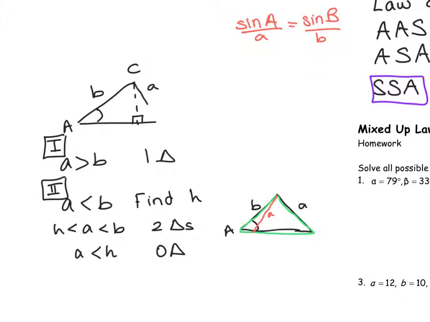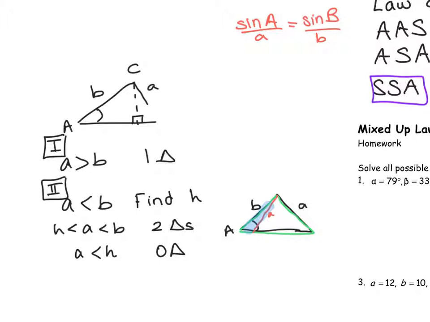So in this case, you have two triangles, this triangle over here and the green one. Now, the nice thing about the obtuse triangle is that this angle over here and this angle over here are supplementary. So if I know this angle, I do 180 minus that angle to find the obtuse angle. This way it will be easier to solve this triangle.